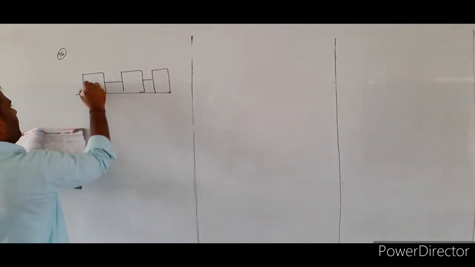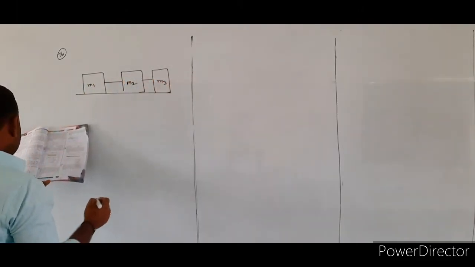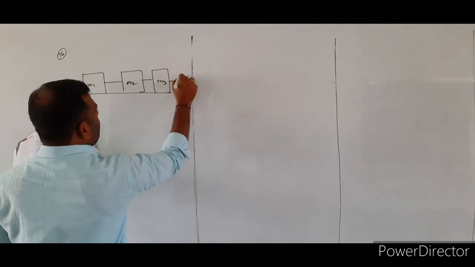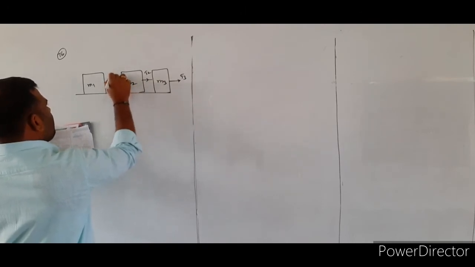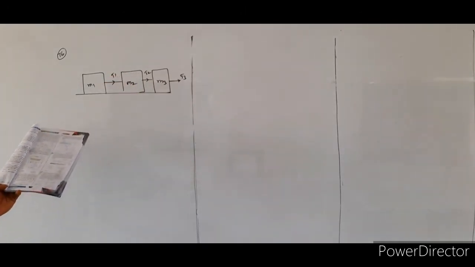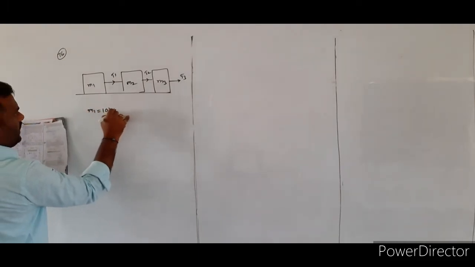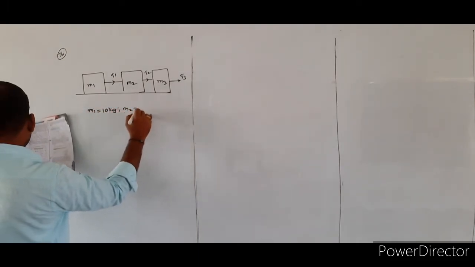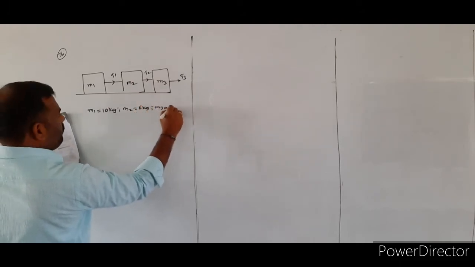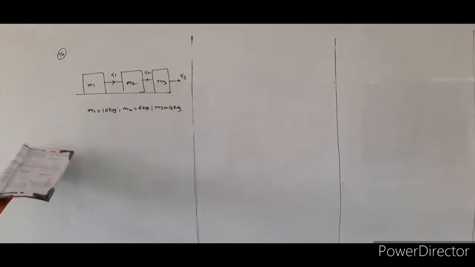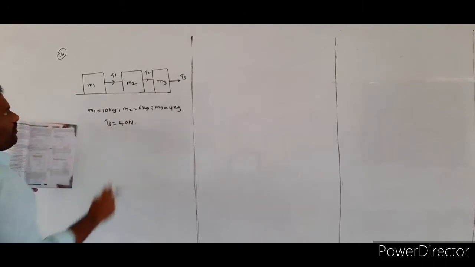So here the masses are represented by m1, m2 and m3, and the tensions are represented by T3, T2 and T1. They give the masses as m1 is equal to 10 kg, m2 is equal to 6 kg, and m3 is equal to 4 kg, and the T3 value is equal to 14 Newton.